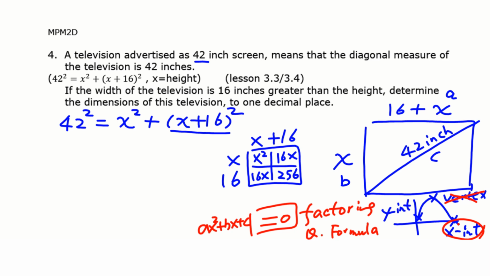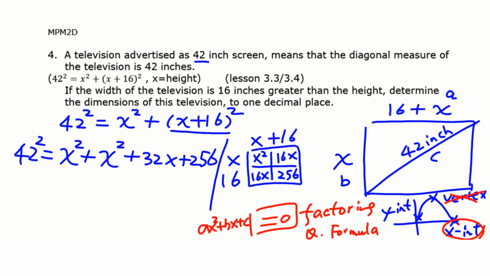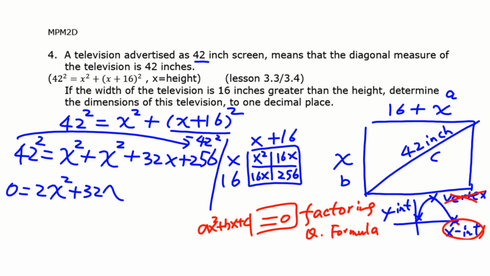Then we are going to continue with 42 squared. x squared plus 16, 16 is 32, 256. Then one side needs to be 0, so move the 42 squared to the other side. Collect the like terms: 2x squared plus 32x, then 256 minus 42 squared.